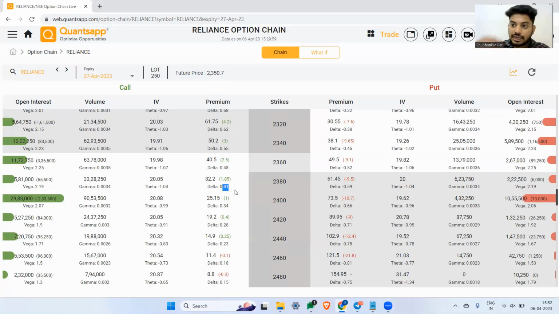If Reliance goes down by 1 rupee, this option will go down by 0.41 rupees. Similarly, on the right side, the delta is negative for the put option, and it acts the same way. If the Reliance price goes up by 1 rupee, the delta shows you in absolute rupees how much the premium will go up or down. So if the future price of Reliance goes up, the put option has negative delta, so the put option premium will go down.